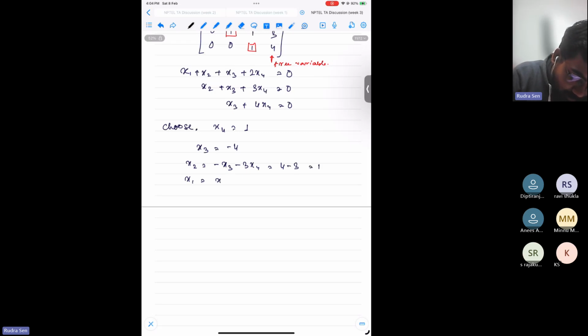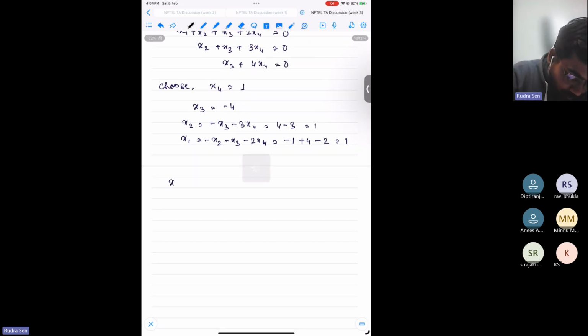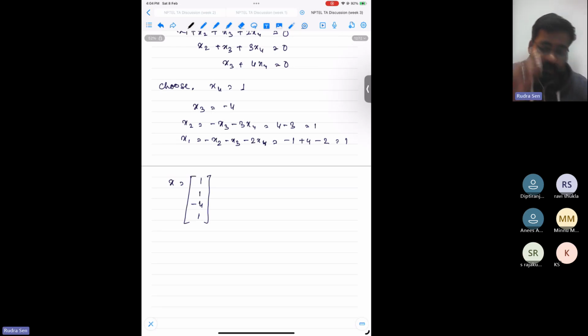And x1 equals -x2 minus x3 minus 2x4, so we'll get -1 plus 4 minus 2, which equals 1. So what is the solution? It's 1, 1, -4, 1. So we get a non-zero solution, right?